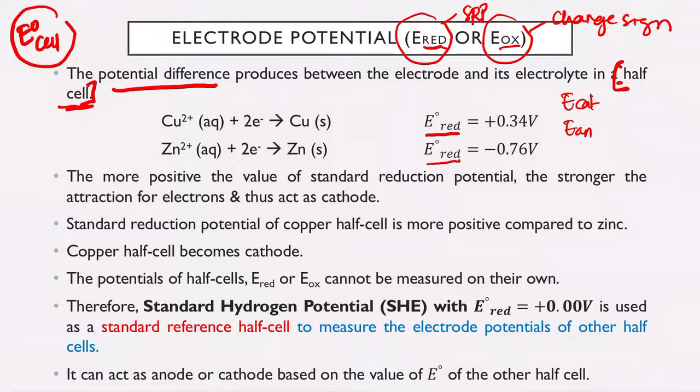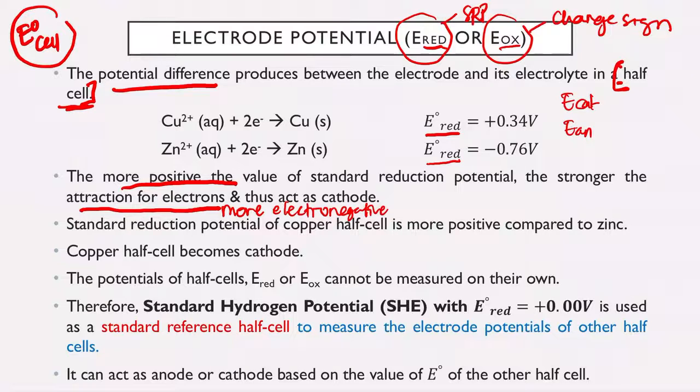Okay. So you need to know that the more positive the value of your SRP, then the stronger the attraction for electron is. So that means that it becomes more electronegative, right? So dia suka electron, dia tarik electron tu, dia attract the electrons.